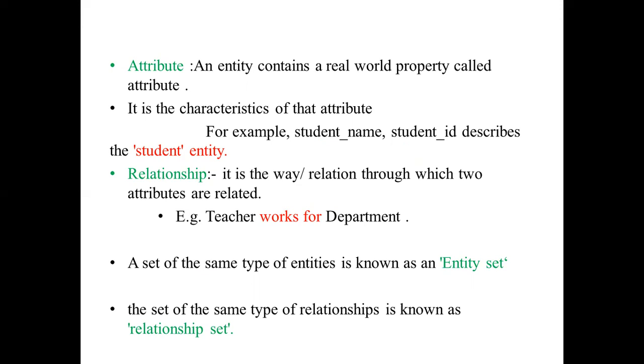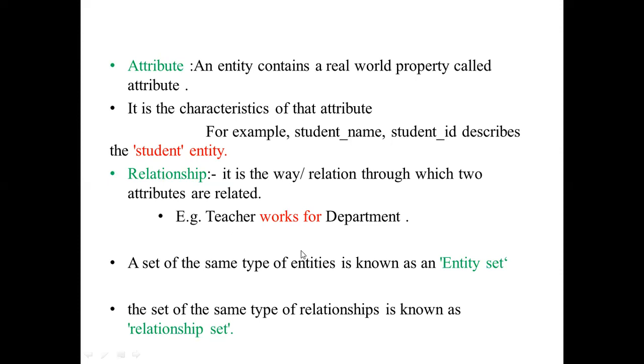And a very important thing is that whenever we create a database, we have to put down the relationship. The relationship is the way through which two entities are connected or related with each other. For example, if there is a teacher and a department, we can say that the teacher works for the department.